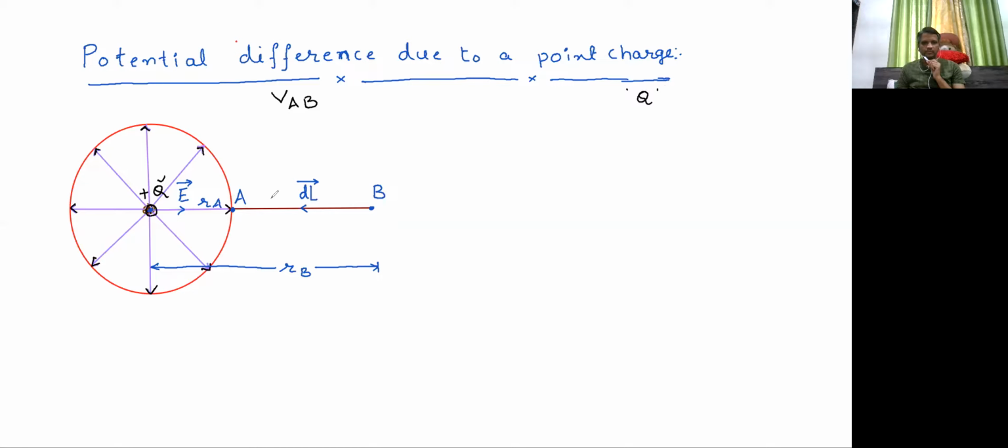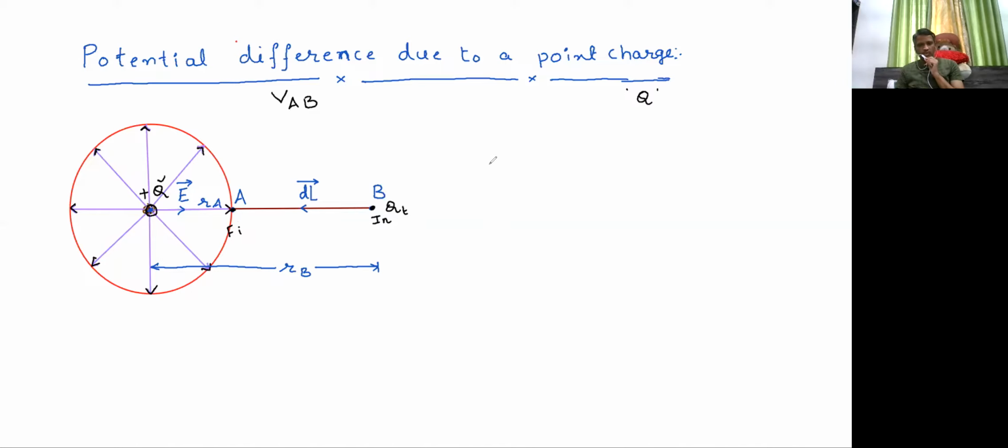Now, this is the point A where I have finally brought the test charge, and this is the point B, which is the initial position of the test charge, and this we call the final position, and this is the place where the test charge has to be moved.